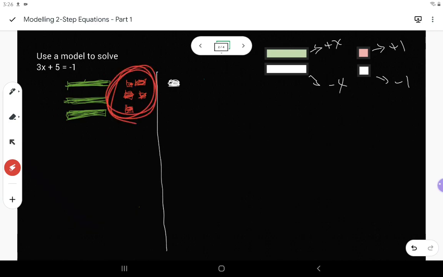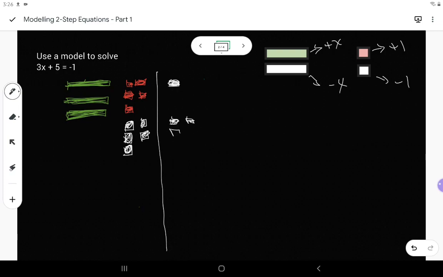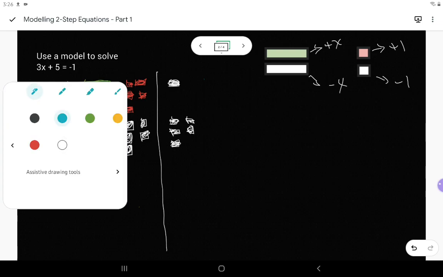The way I would get rid of 5 red squares is I would add in 5 white squares. If I've got positive 5, the opposite of that is negative 5. And what I do on one side, I must do to the other. So I'm going to have 5 white tiles on the other side as well.